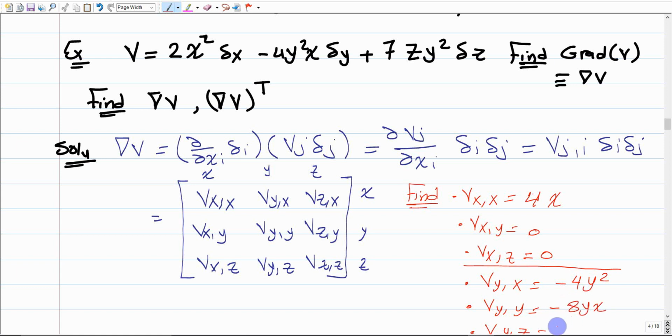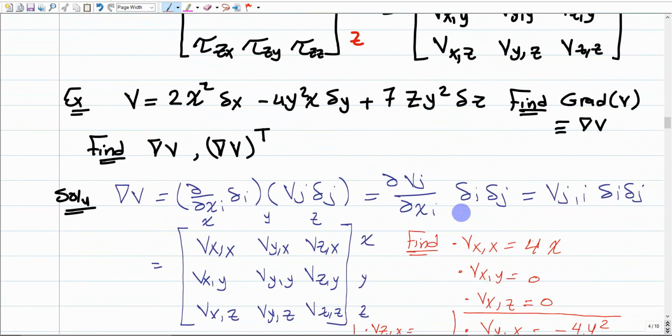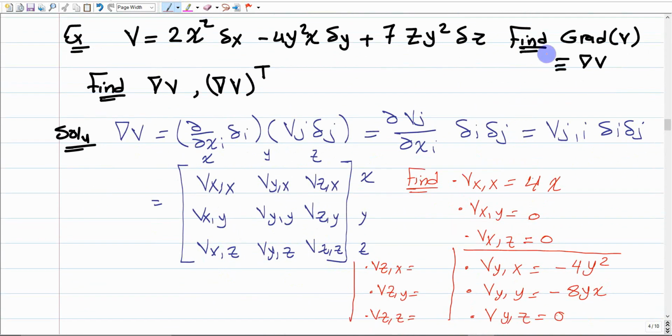The vy comma z should be 0. There is no z in this term, so in this case it should be 0. Make sense? How about the other three terms, which are vz comma x, vz comma y, and vz comma z. The vz comma x, this is the vz term, which is this one.